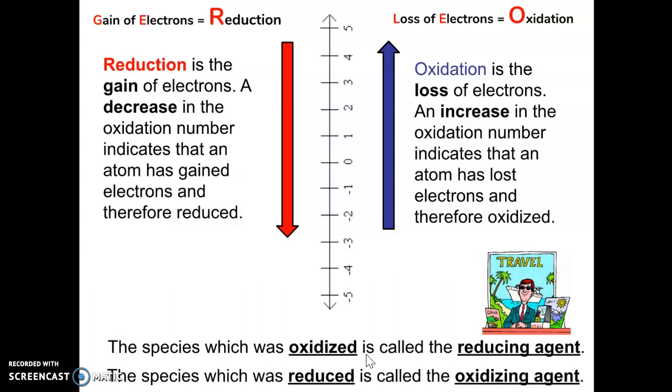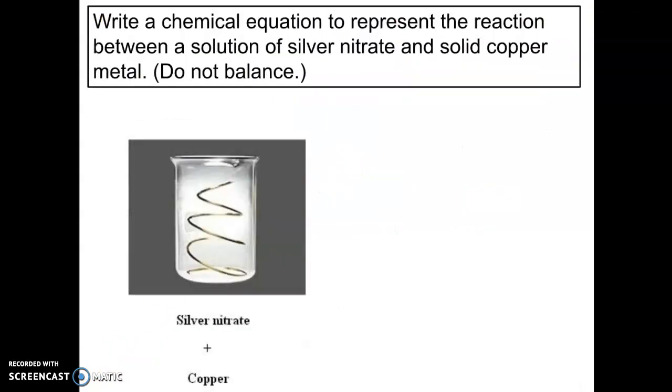So I am not going to focus too much on the agent vocabulary because I feel like it's already confusing enough with the fact that you're gaining electrons and you're going down in number, and you're losing electrons and you're going up in number. But there may be 1 or 2 questions on your test about it, so it is good to know.